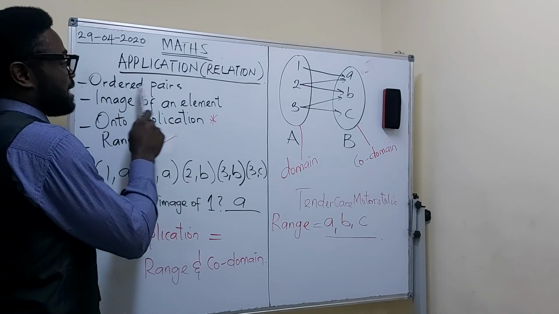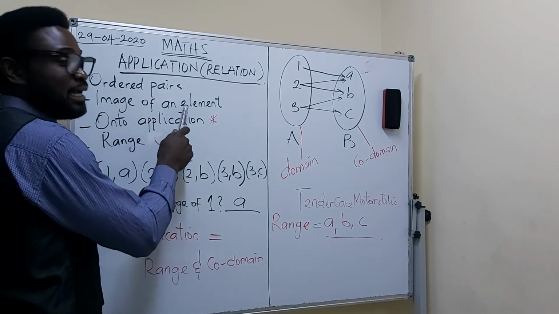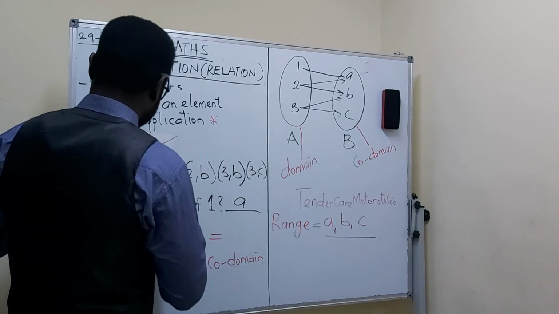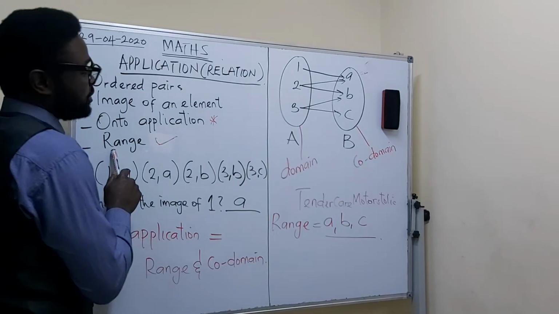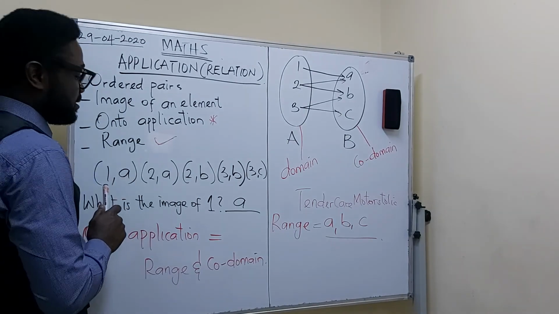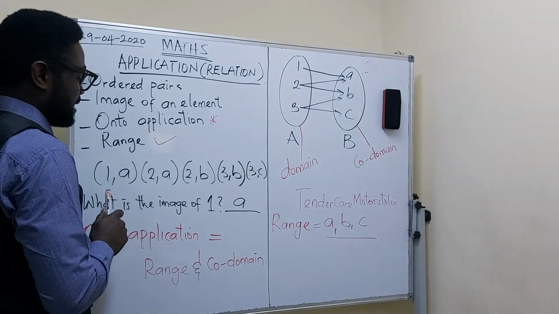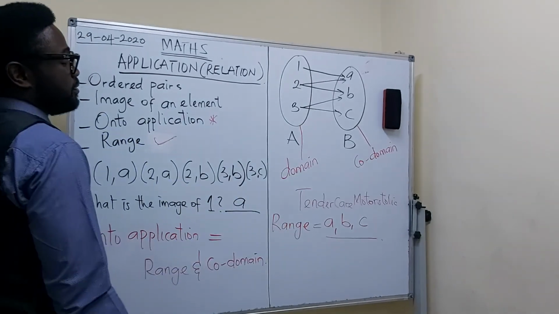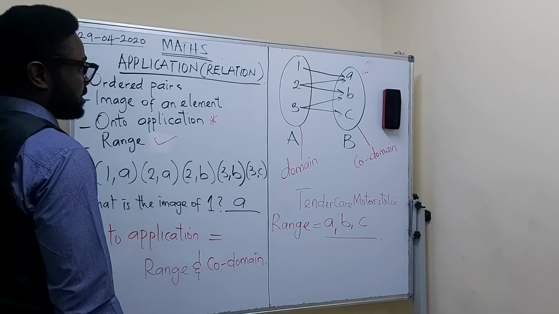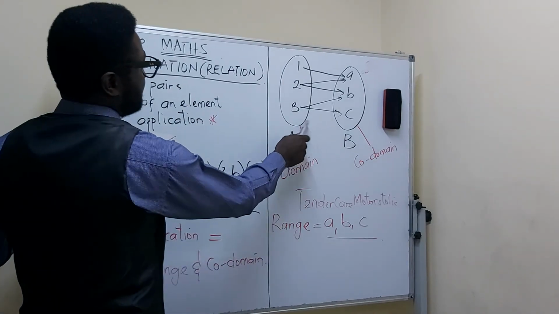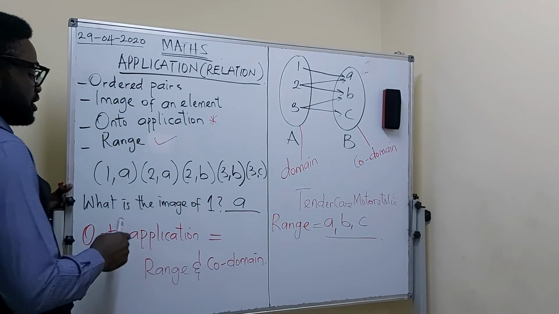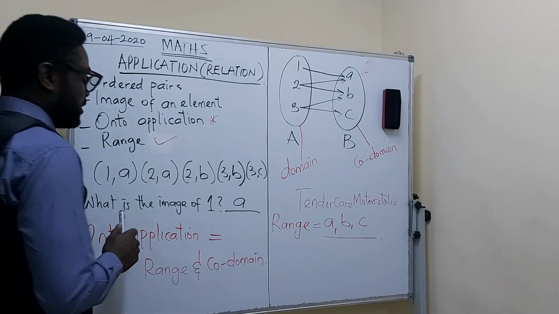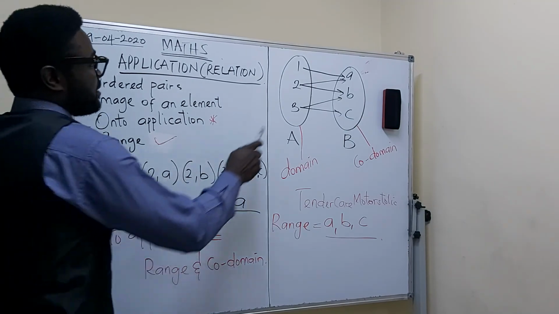We discussed other pairs, image of an element, onto application, and range. Other pairs, how do we get it? If any figure is given to you as a question and they are arrowed already in form of application, if you are asked to write out the other pairs, this is how to write it.